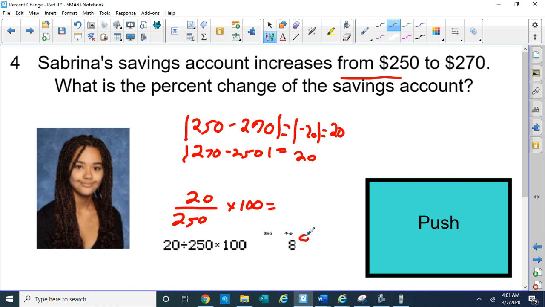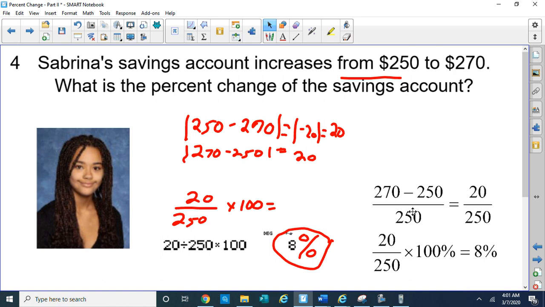Percent sign there. So 8%. So a little amount, but that's okay. It's an increase. So let's check it. 8%. There we go. So we subtract the numbers, divide by the original. We get our fraction, multiply that by 100, and we get 8%. So there you go, Sabrina.